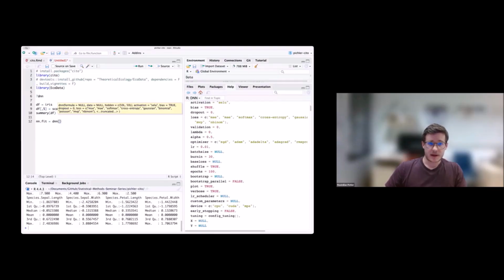And here, for example, let's start with a regression task. So in machine learning, a regression task is that we want to predict a continuous response variable. For example, let's start with sepal width. Then we can use this formula syntax to specify our predictors.